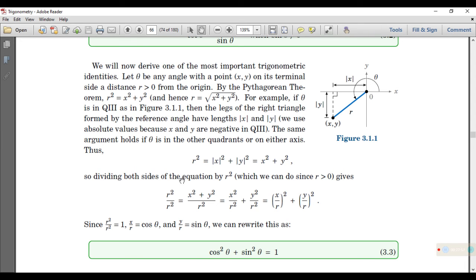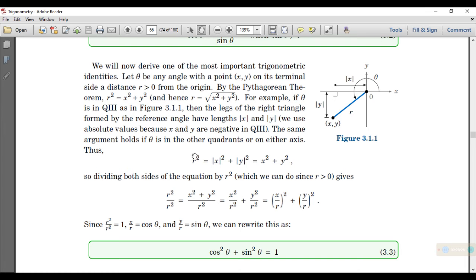So, dividing both sides of the equation by y squared, we can do, since r is greater than 0, hindi naman siya pwedeng maging 0, sabi ko nga kanina, because even if your adjacent side or the opposite side will be equal to 0, your r will still be greater than 0 kasi susundin niya yung value or yung length nung non-zero na part.